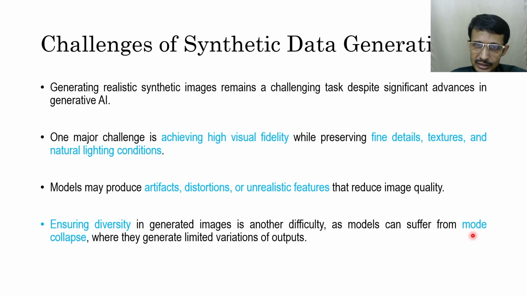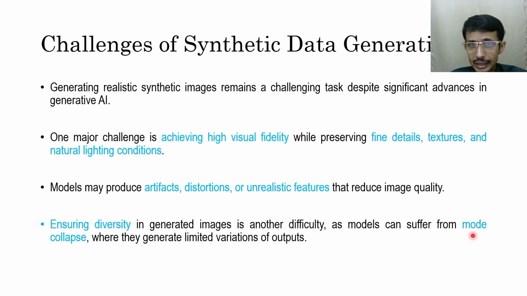It should look very normal, with high visual fidelity while preserving fine details, texture, and natural lighting conditions. So these are the major things. It's not easy to maintain these properties of natural images when generating synthetic images.